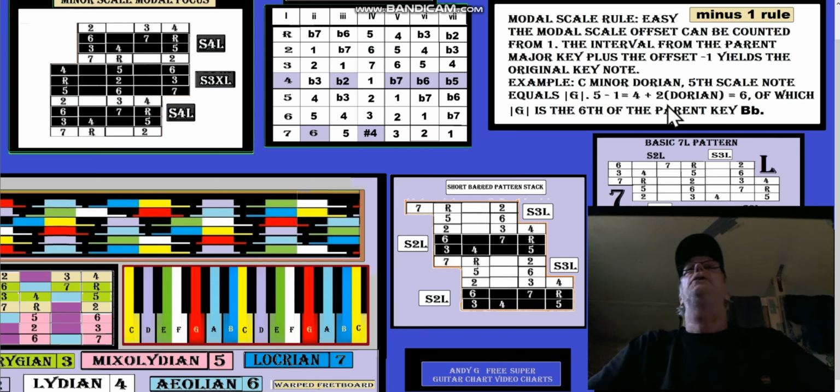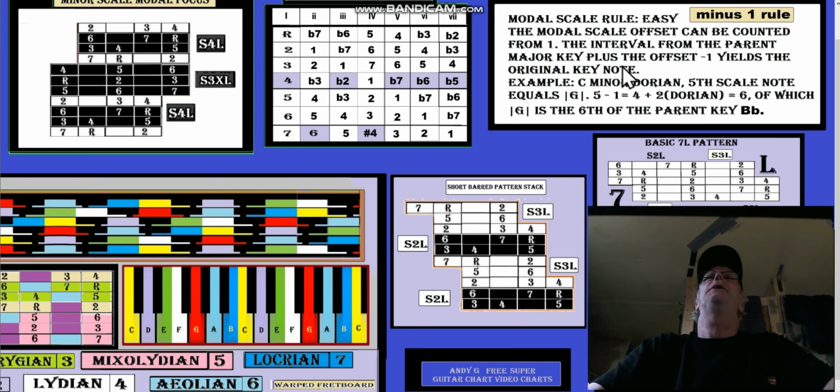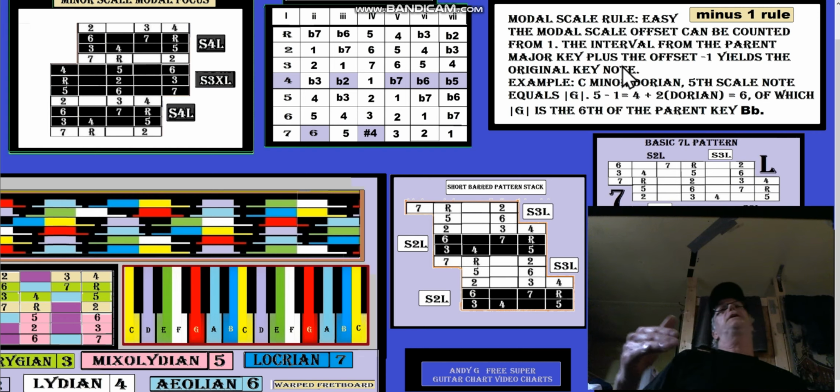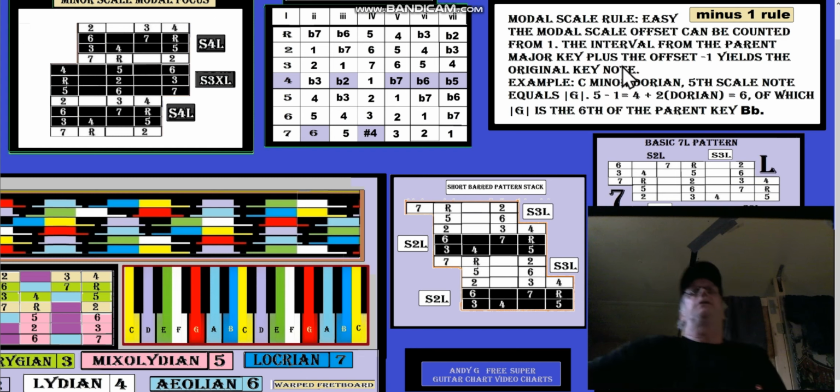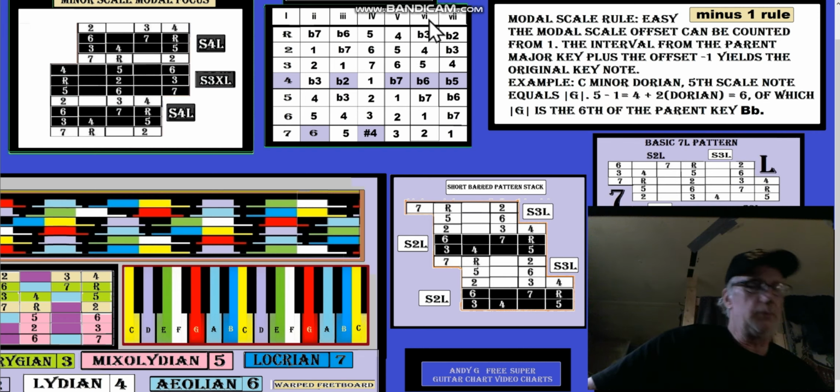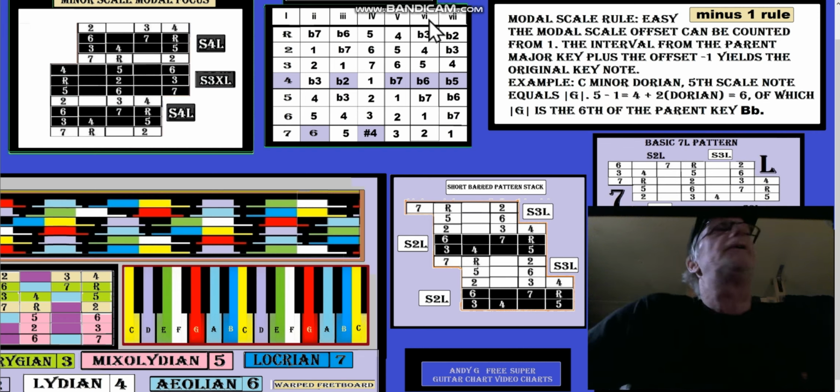That's just one way to do it, but the best way I think to play these things, and you got this chart, so you can always say, if I want to write a song in the relative sixth, how do you tell if you're playing a minor?